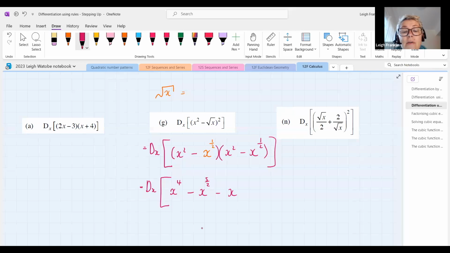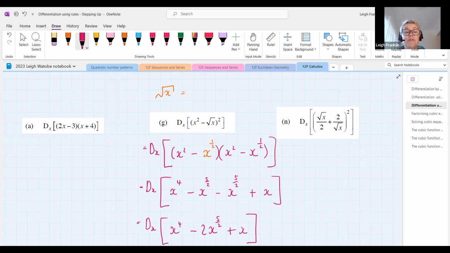Minus x to the power of 5 over 2. That's my inner terms. And then last times last would give me plus x, like so. Again, I'm not dropping my differential notation. I'm keeping it there, and now I'm just going to collect my like terms together. So this will give me minus 2x to the power of 5 over 2 plus x.